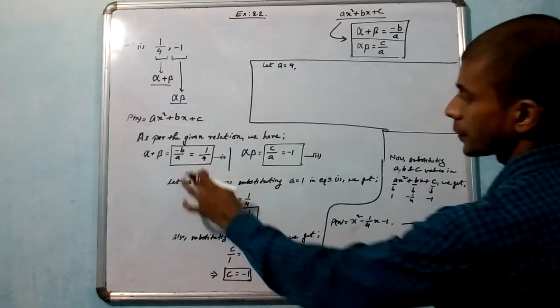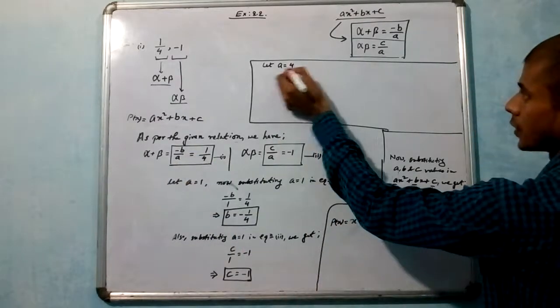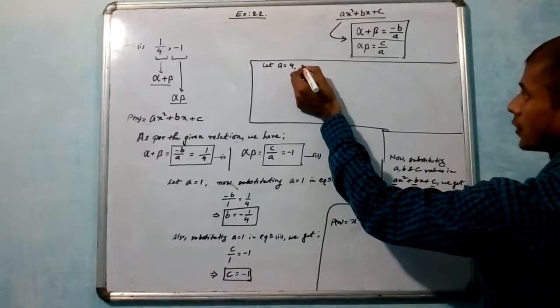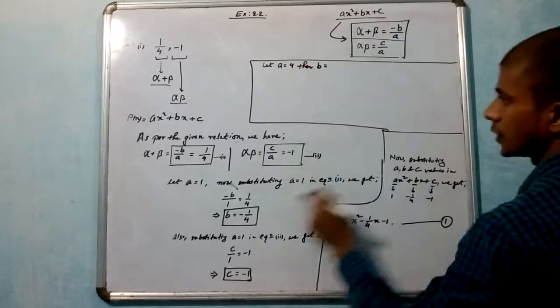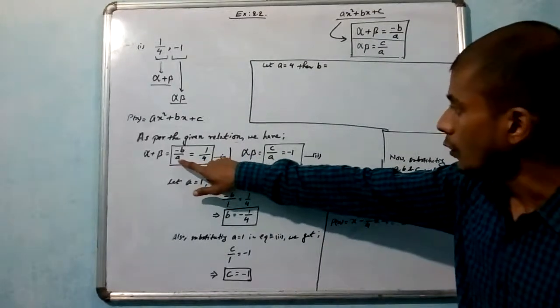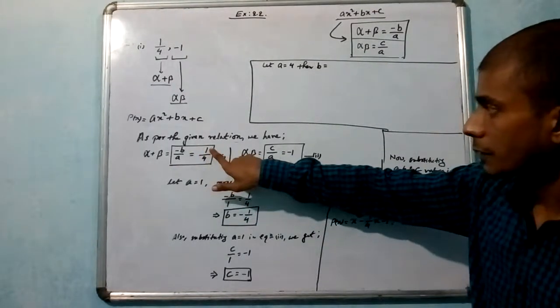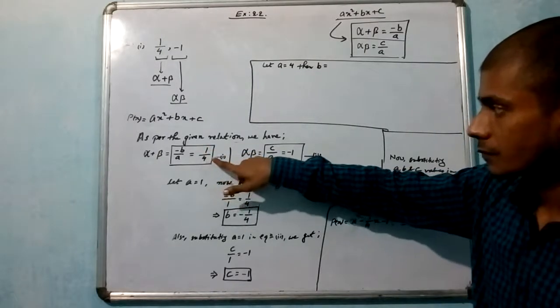If a is equal to 4, let us substitute here and get b. So what will be b?